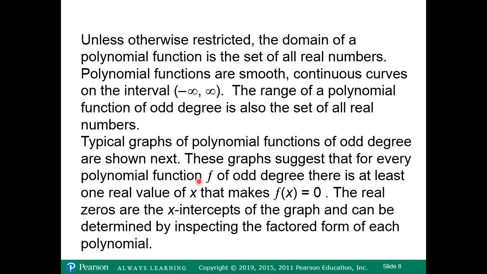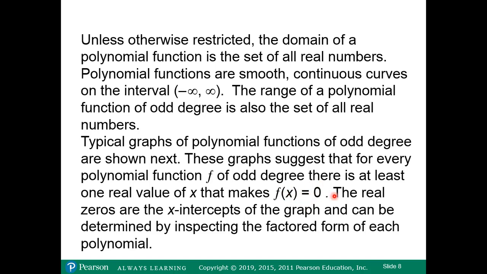Okay. Let's see here. These graphs suggest that for every polynomial function of odd degree, there is at least one real value of x that makes the function 0. Okay, because if the range is all real numbers, and the domain is all real numbers, then there's got to be some x value that will give you 0.